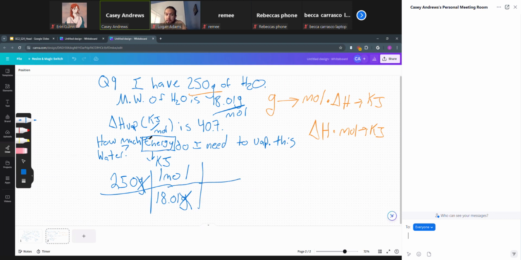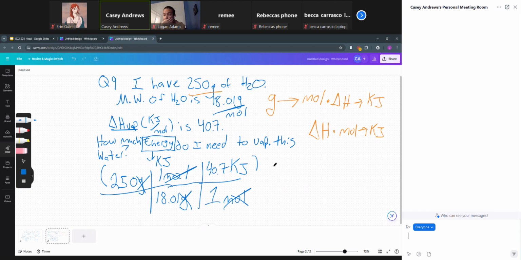However, I want my unit to be kilojoules. So I need moles on the bottom to cancel out moles, and I'll be left with kilojoules up top, because that's what delta H vaporization is. Delta H vaporization says for every 40.7 kilojoules of energy, I can vaporize 1 mole. And the way this system works, you multiply everything on the top divided by everything on the bottom.